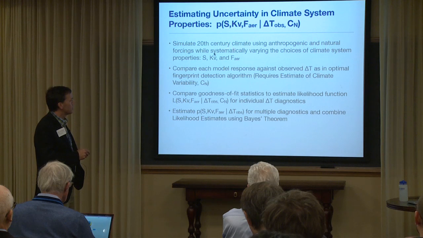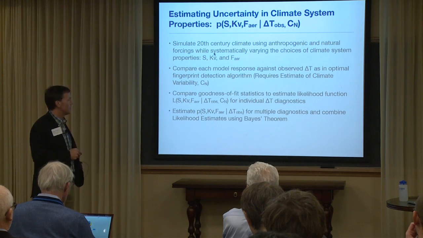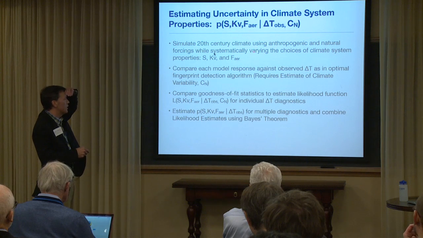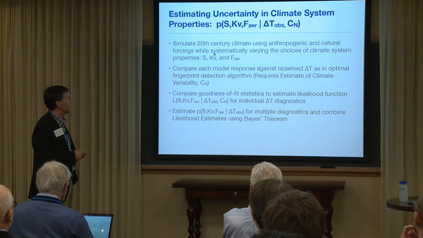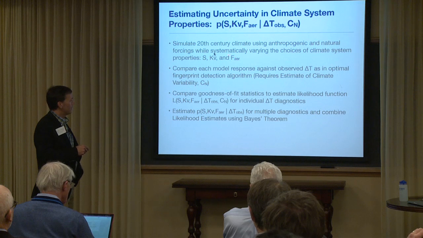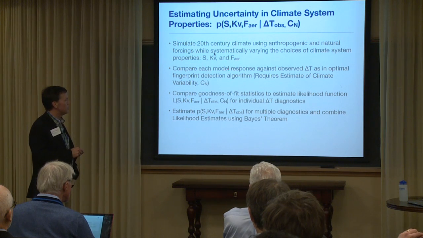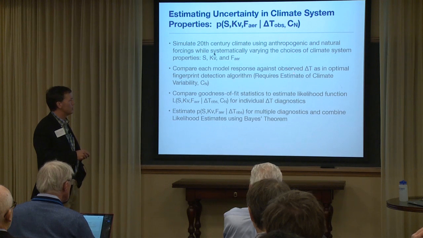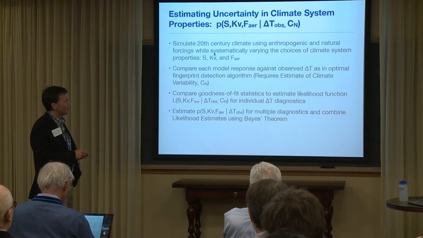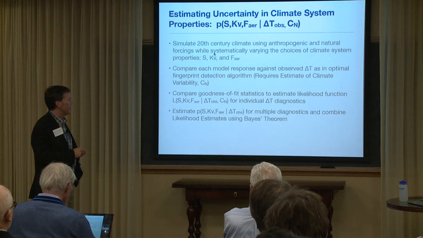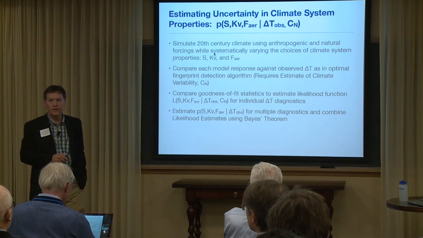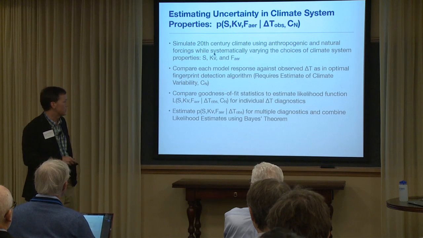So the method goes like this, and this is essentially true for all the three methods that I showed previously. You simulate the 20th century using anthropogenic and natural forcings. You vary the values of these parameters in your model. You then compare the individual model responses against the observed temperature changes using an optimal fingerprint detection algorithm, and that requires an estimate of the climate variability in the system as estimated by this noise covariance matrix.